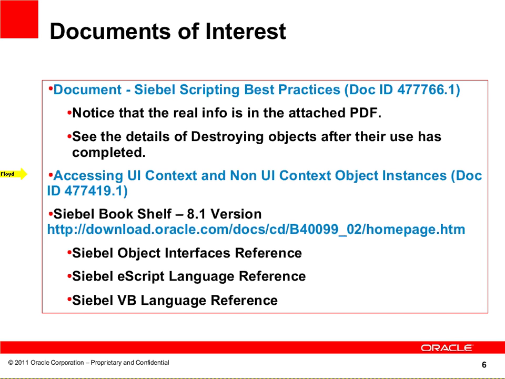One of the other documents that I think is very useful is the document on accessing UI context and non-UI context. What this explains is that when the user is using the user interface, the underlying objects, business objects and business components, those underlying objects that are used to paint the UI are considered in UI context.